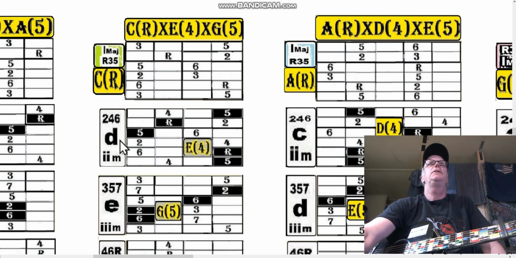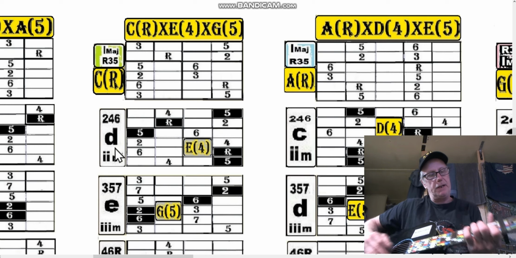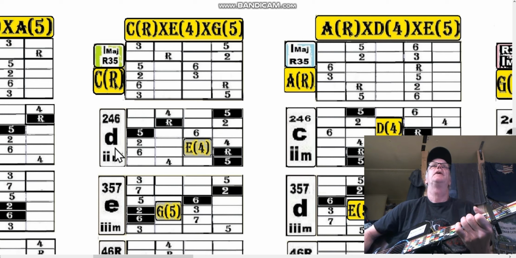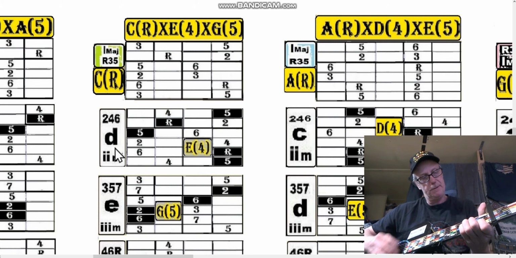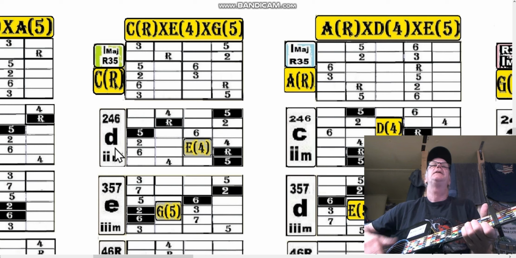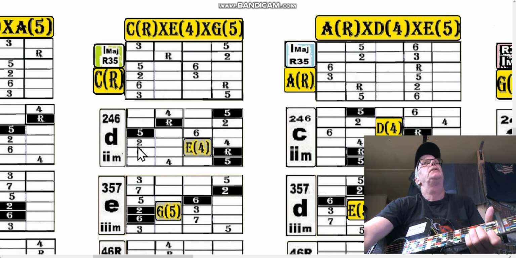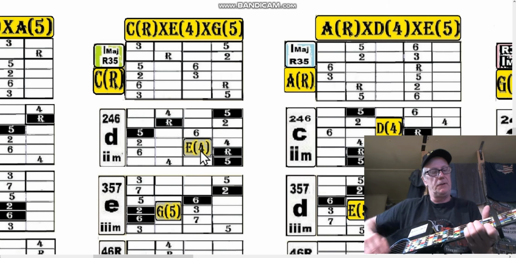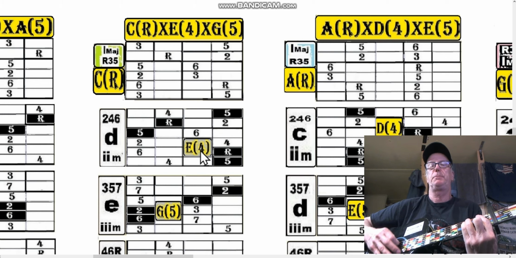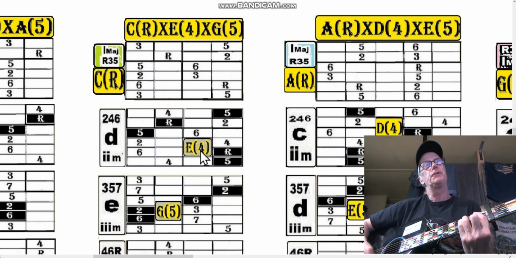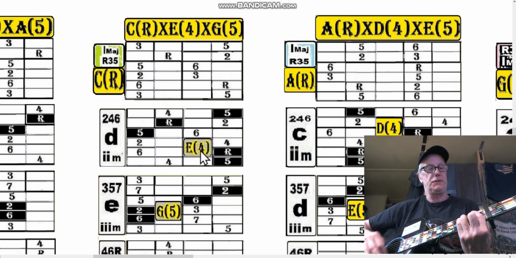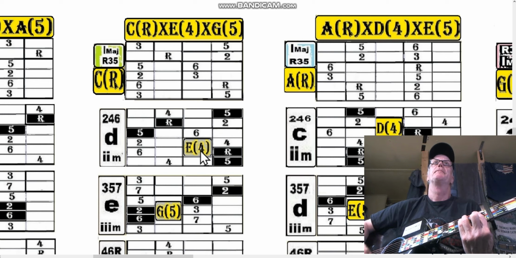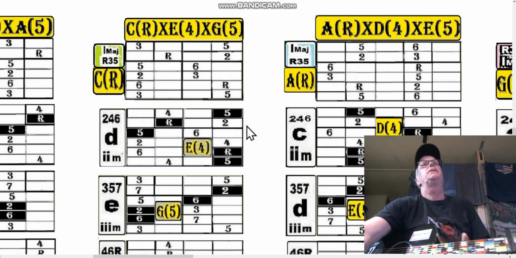So the C goes up to D in its second. So we got a D minor shape. And then that D minor is actually the relative minor of an E shaped F. I found F is a good key to do this stuff in sometimes. But this is the key of C. Right? And this is how this works.